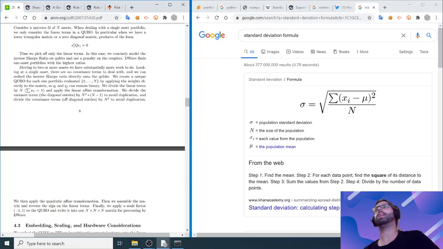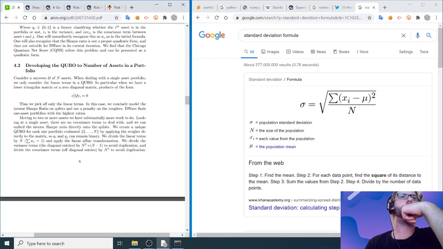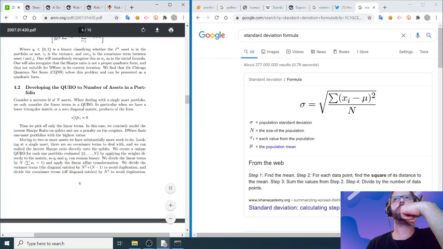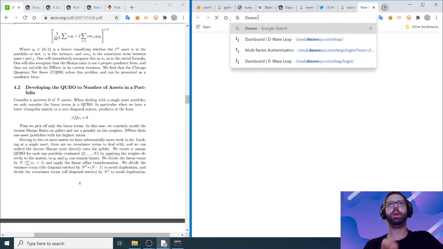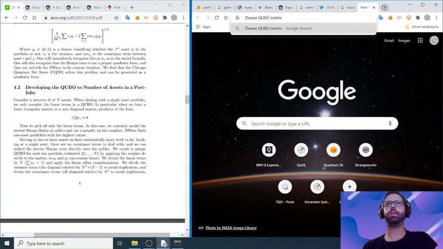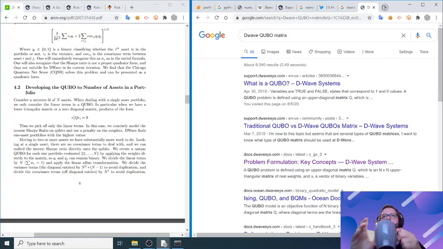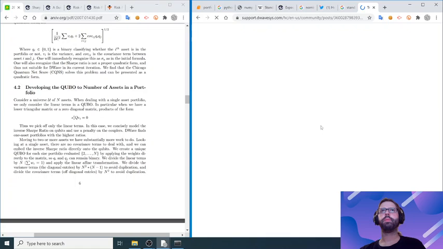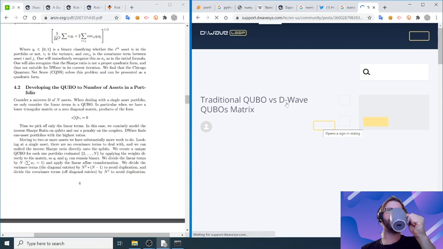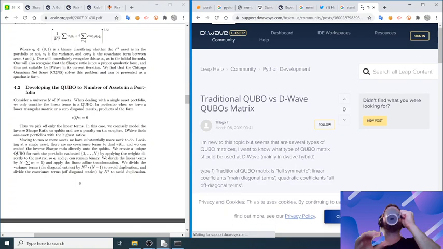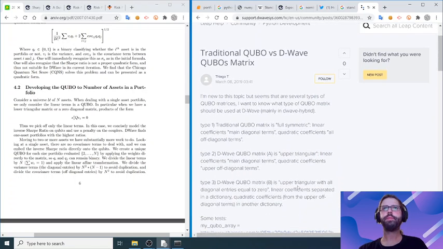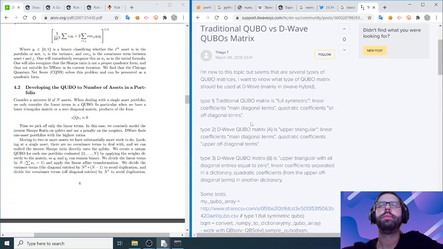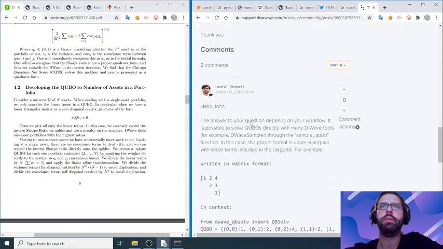But still, one thing that is not really clear to me is the matrix form they talk about for the QUBO. So D-Wave QUBO matrix. I guess that's. I don't know if I checked that last time. I think I checked that last time. Yeah, I checked that last time.